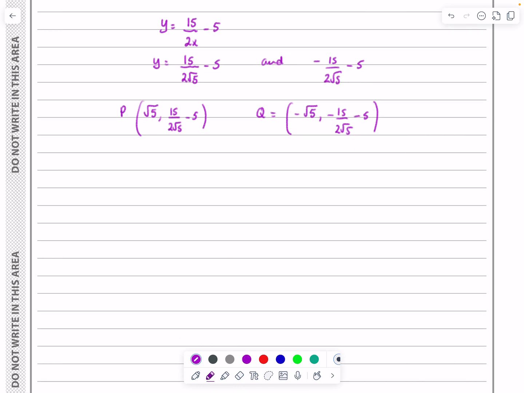As I said previously, PQ is just going to be the square root of x2 minus x1 squared plus y2 minus y1 squared, and then just put everything in there. So I'm going to get root 5 minus minus root 5, so that's root 5 plus root 5.